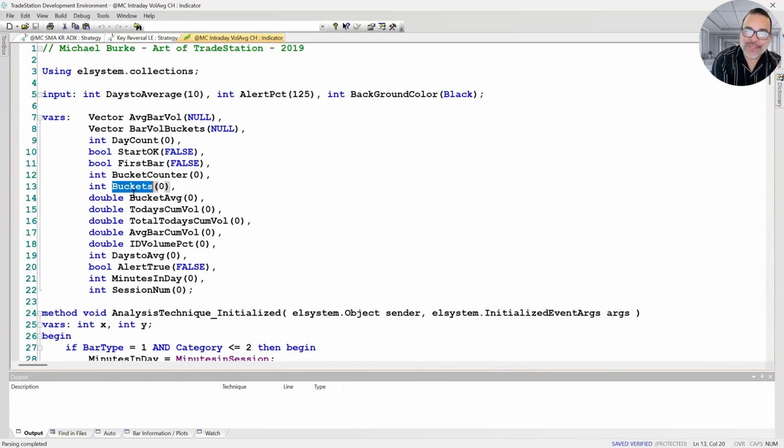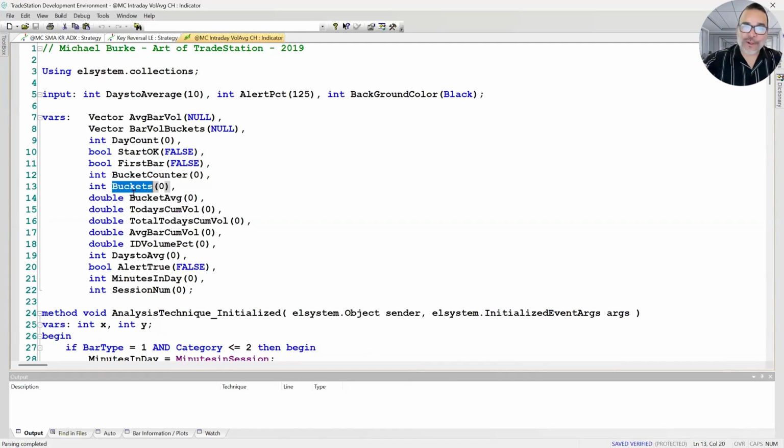So let's make it the 9:35 bucket, because the candlesticks have a timestamp of the closing time of the candlestick. The 9:35 bucket is created. It has to have a 9:35 bucket today, a 9:35 bucket yesterday, and a 9:35 bucket the day before that.